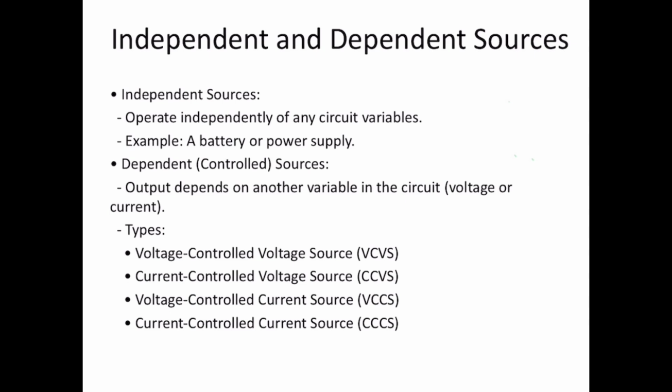Independent and dependent sources we have already seen. Independent sources operate independently and are shown in circular boxes. A dependent source depends on another variable in the circuit, that is another voltage or current, has four divisions, and is denoted in diamond boxes.